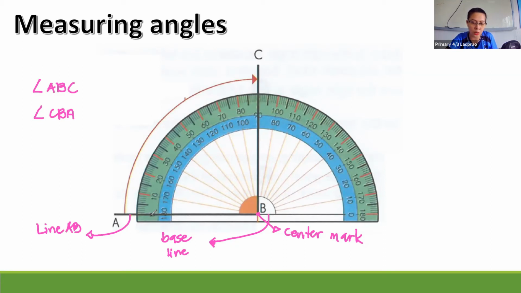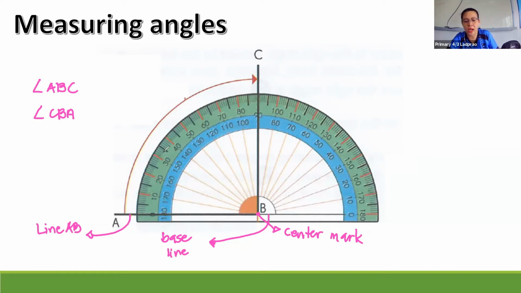You see the zero mark? Since the 0 is here, where our line is passing through, it means we are going to use this scale. Is it inner or outer? Outer scale. So we're going to use the outer scale in measuring this kind of angle.